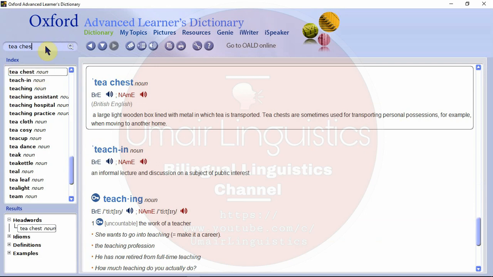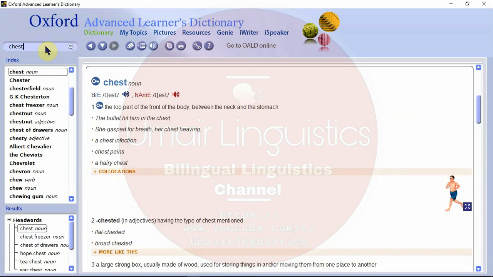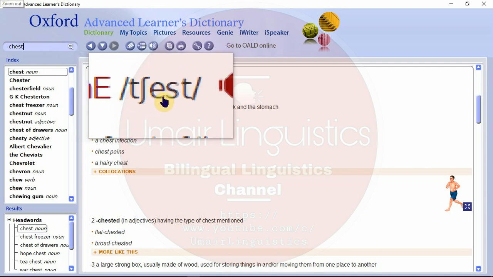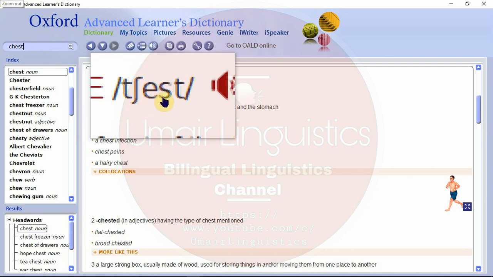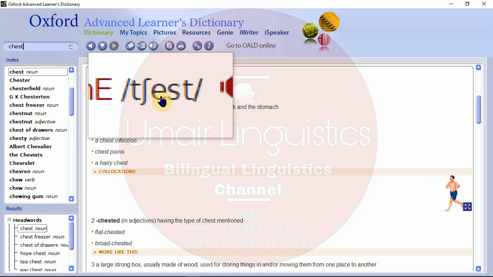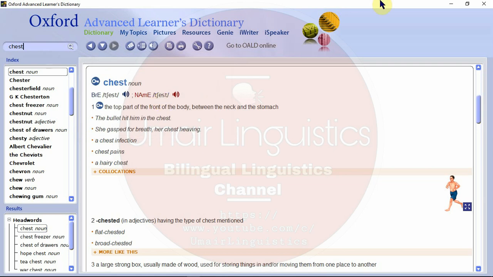Or just let me write chest, I actually just want to show you the difference. Here you can see the symbol is this. But when we talk about IPA transcription or IPA symbols, this symbol is not used, but this symbol is actually used as the first element of a diphthong, like say. All right.